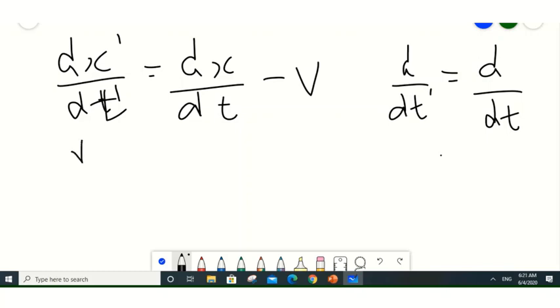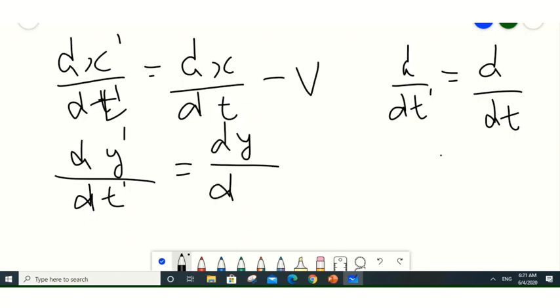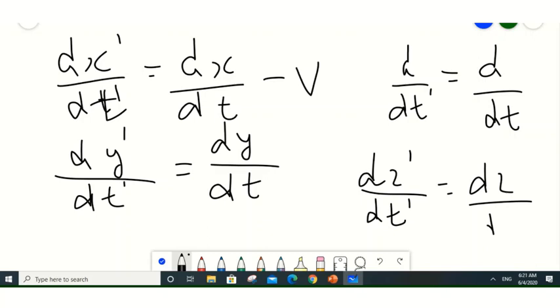Similarly, dy dash by dt dash can be written as dy by dt, and for z dash we can write dz dash by dt dash is equal to dz by dt.